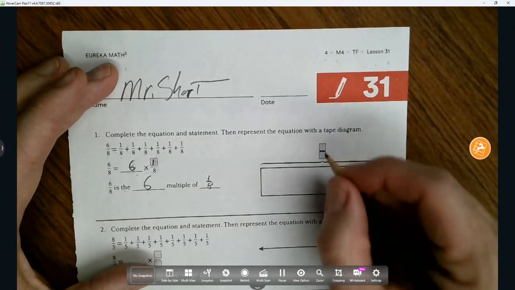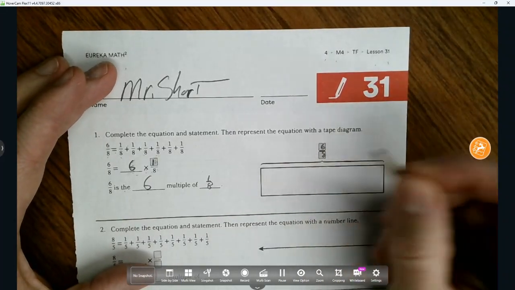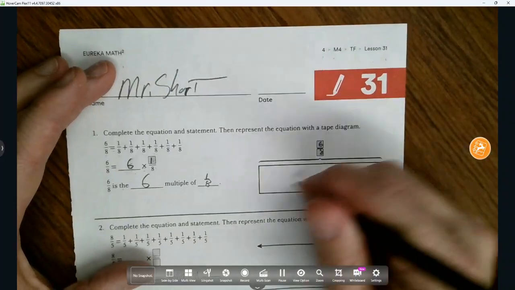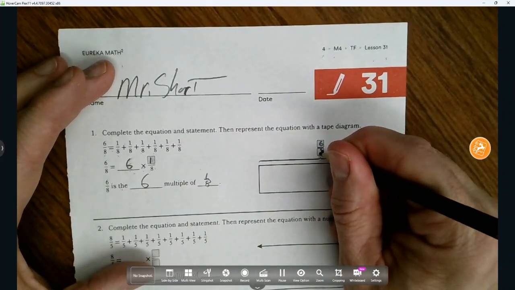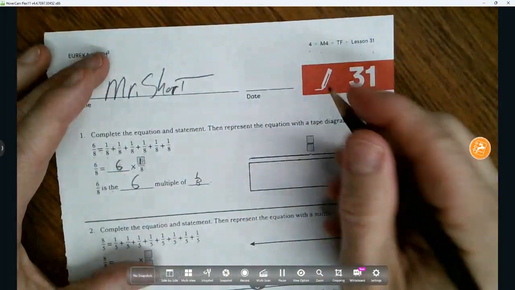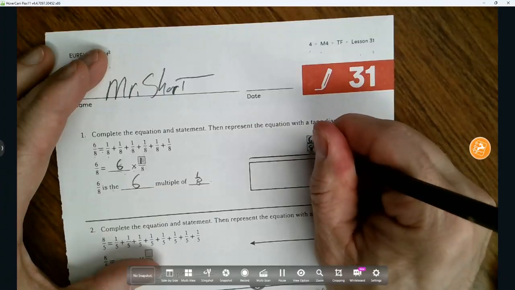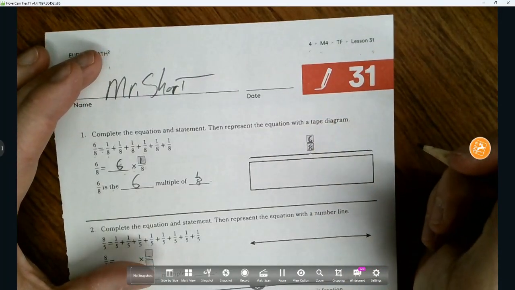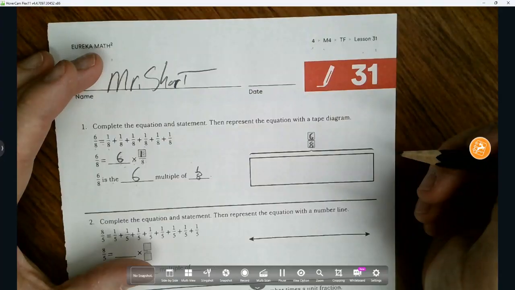Over here, they want you to say 6 over 8, and they want you to do a tape diagram. So you're going to make 8 spots, or actually, let me clean this up. 6, 8. Can you see that? That looks a little better.